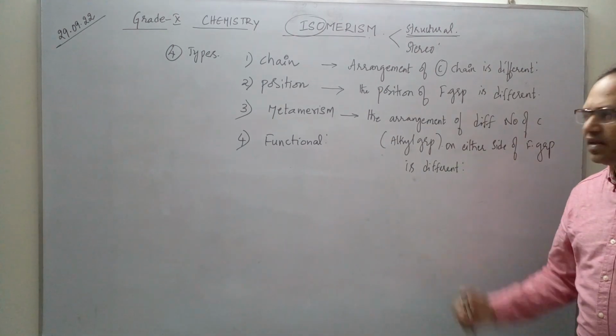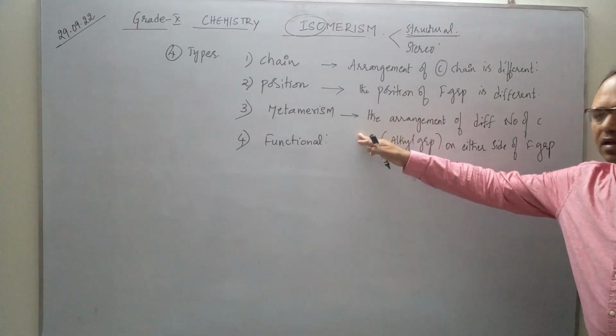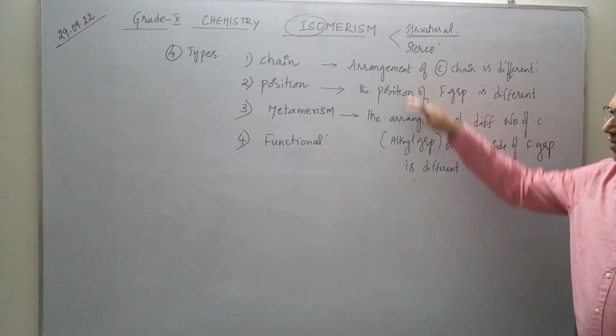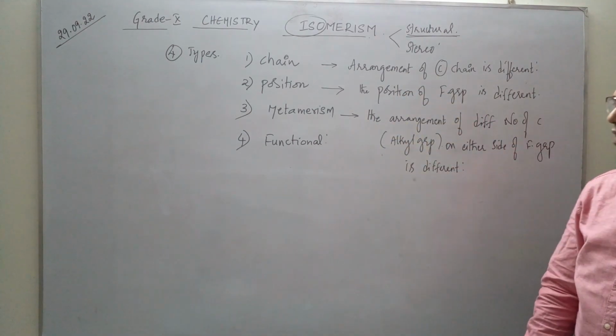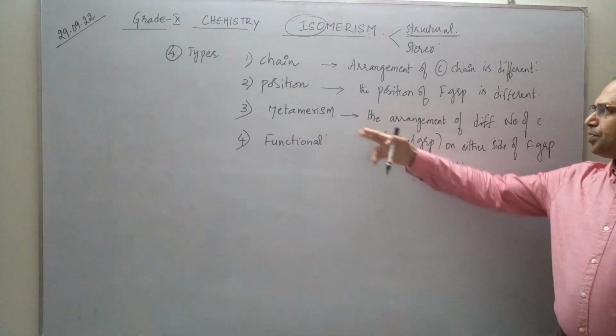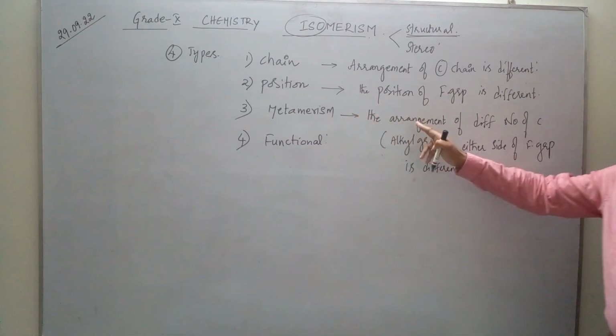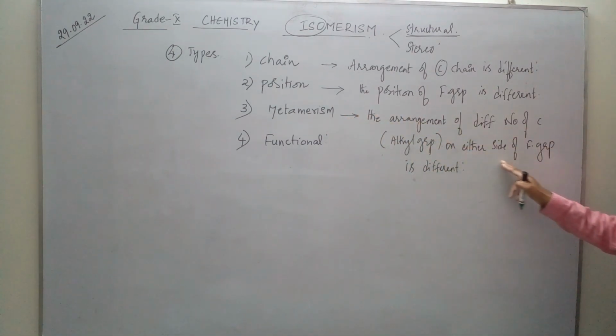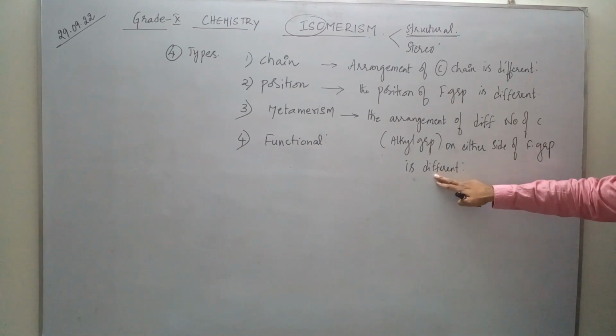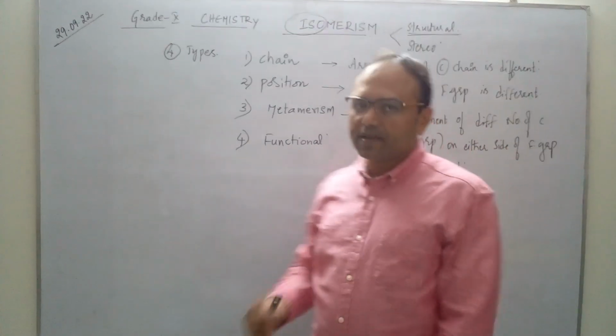So we shall discuss with the examples, then you will understand much better. I am just giving you first the difference between the four types of structural isomers. They have the same molecular formula but the arrangement of alkyl group on either side of the functional group will be different. We will see with the examples later.